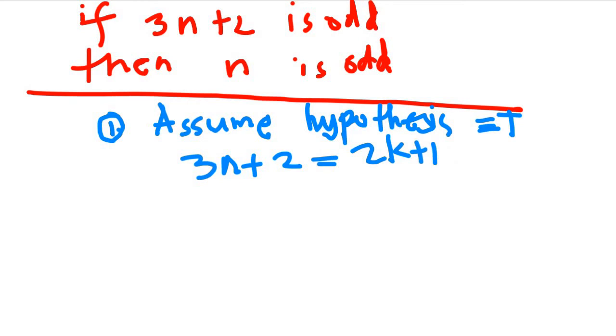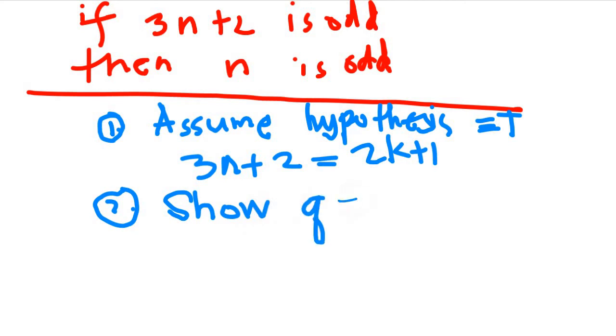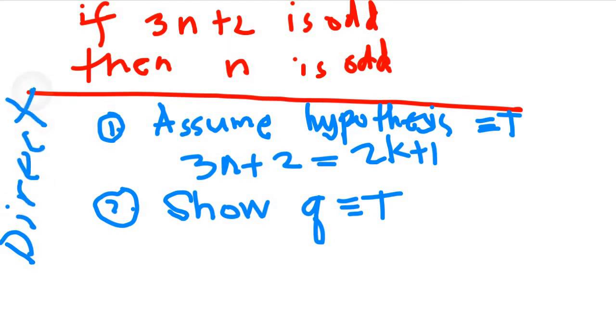After that, we could show that Q must also be true. By the way, I'm using direct proof here just to show that sometimes there's a limitation with the method.